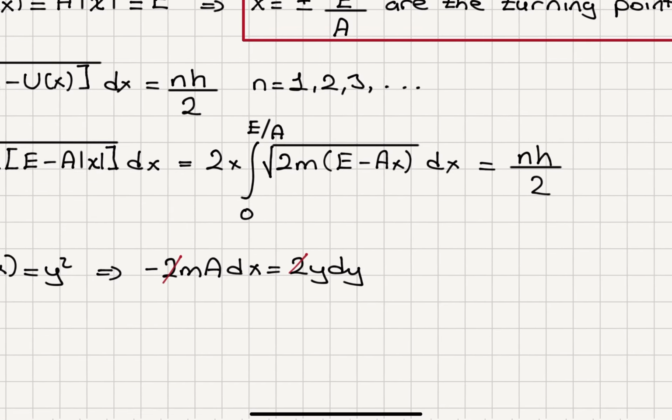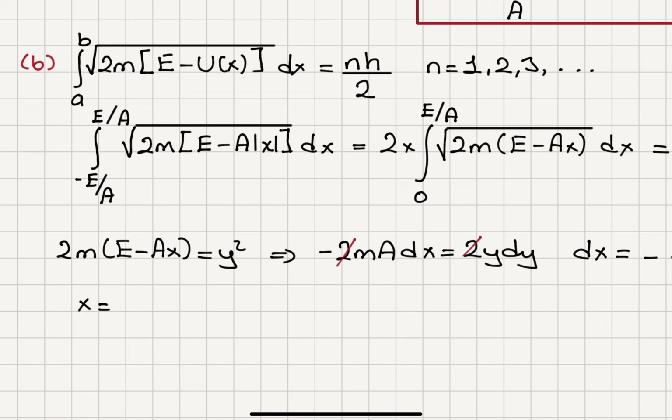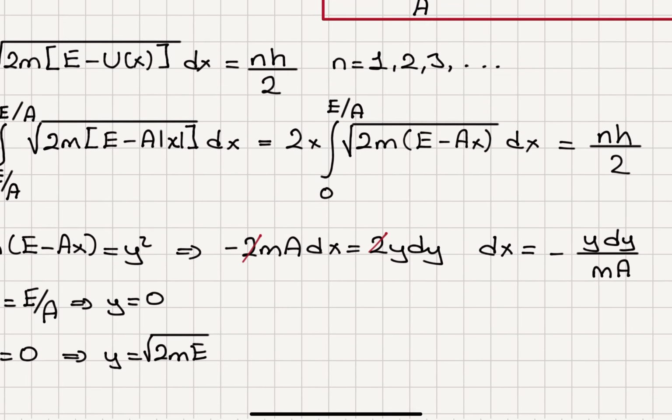And we will find that dx should be written as, with this transformation, minus y dy divided by mA. And when x is equal to the turning point, E over A, y is equal to 0. When x is equal to 0, y is equal to the square root of 2mE.